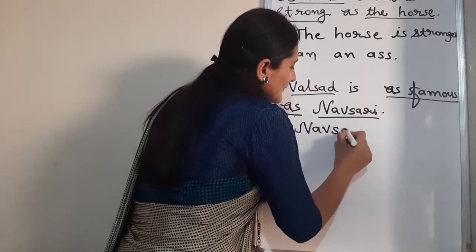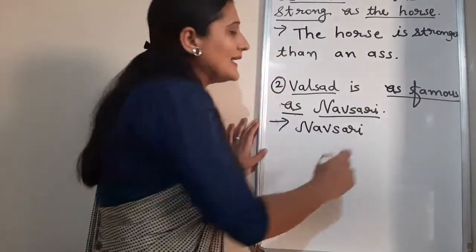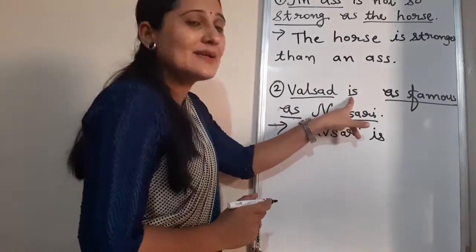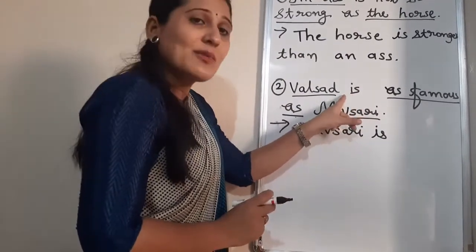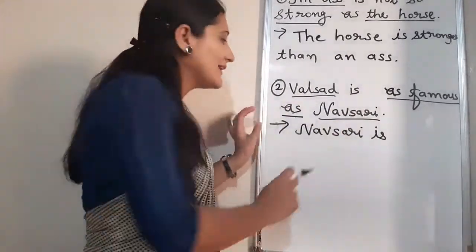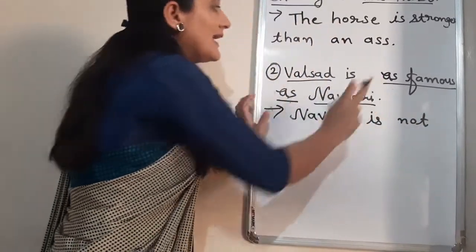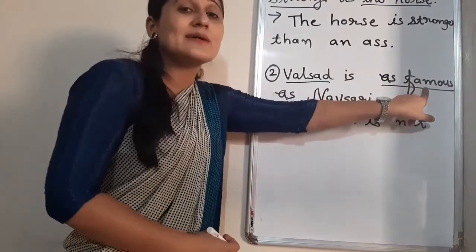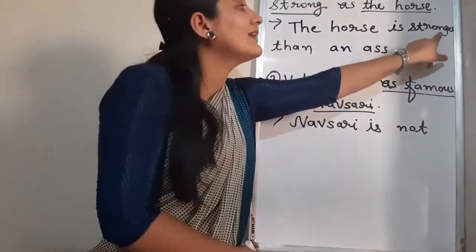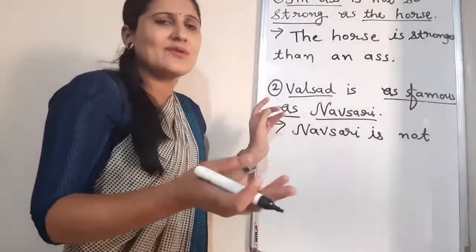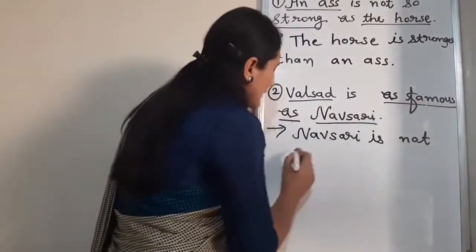Navsari is, we will turn it into negative because the question is positive, so the answer should be negative. Navsari is not. Now here see, famous. Here we have written er. Here you cannot write famer, right? Famous or whatever. So here we need to write more.